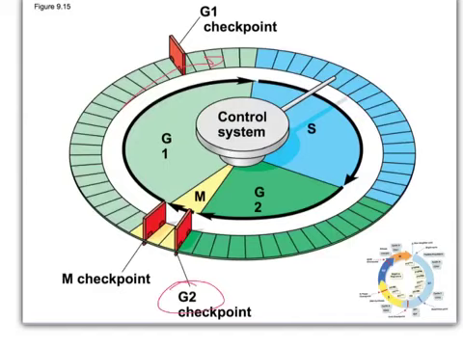What is it checking for at the G2 checkpoint? How well, so completeness or quality control of the DNA replication, are the necessary things in place for mitosis to occur. We're going to check all of that.